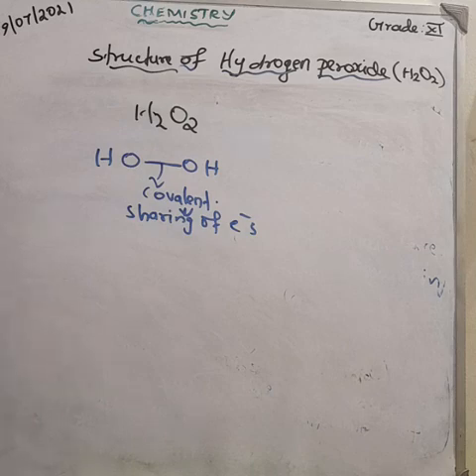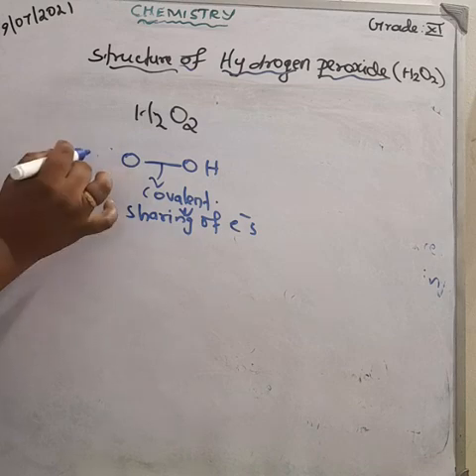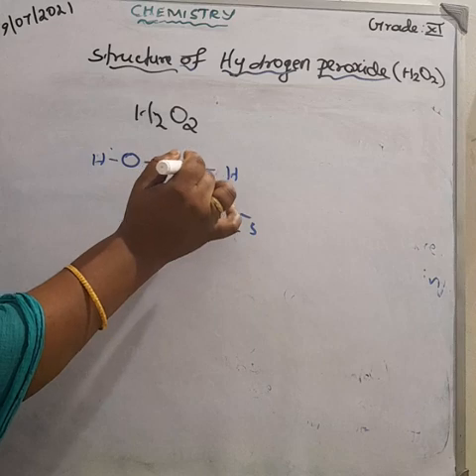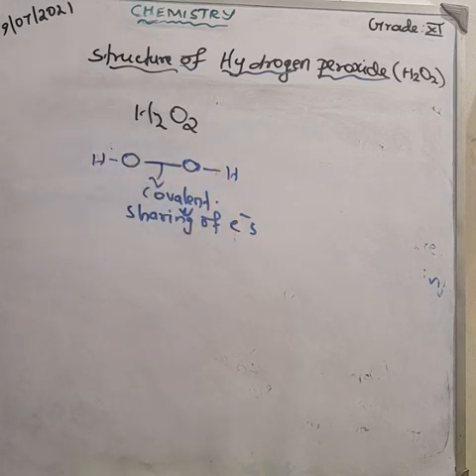Okay, understood. But structurally, hydrogen peroxide is represented by the dihedral formula in which the 2 hydroxyl groups do not lie in the same plane.